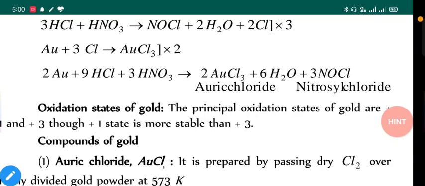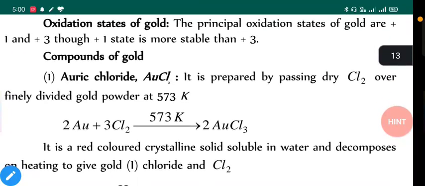That's why we have to repeat the reaction 3 times, or we have to use 3 times concentrations. And in the second reaction we need 2 moles of AuCl3. That means we need to use double concentrations mentioned here. So the overall reaction is Au plus 9HCl plus 3HNO3 gives AuCl3, 2 moles, 6H2O and 3 NOCl.